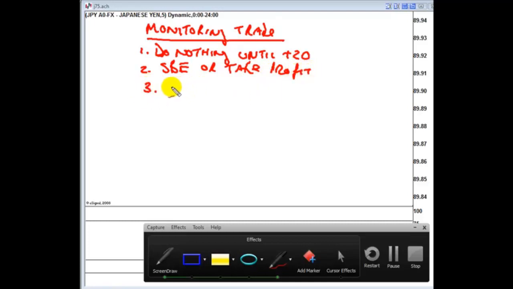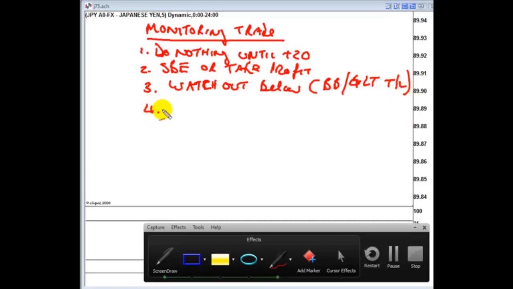Or number three, you can watch out, I call it watch out below. Look for Bollinger Bands, the opposite side Bollinger Band, or the longer term trend line coming up beneath. So watch out below. And four, aim for 40 to 50 pips if possible.